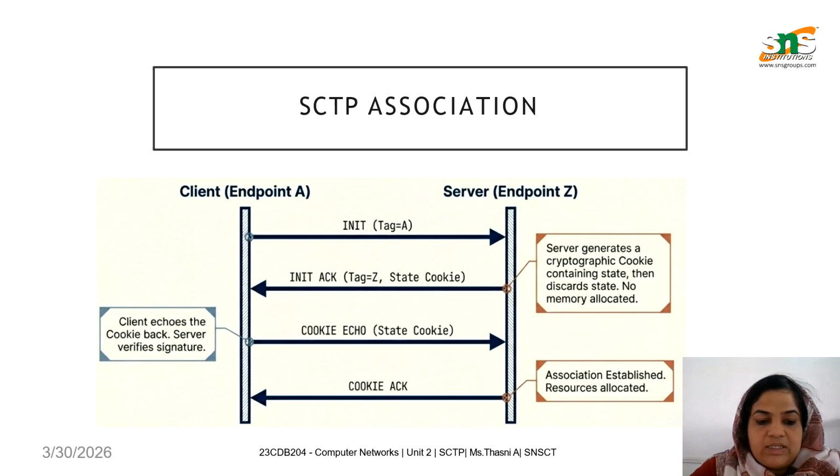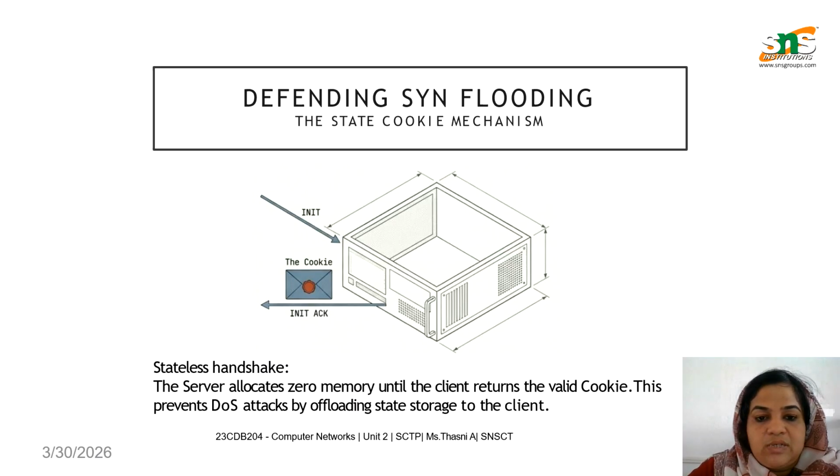No memory is allocated on this. Once the acknowledgement is done, the client echoes the cookie back, and the server verifies the signature. Once it is verified, the association will be established and resources will be allocated from the cookie acknowledgement. This is how SCTP is associated.